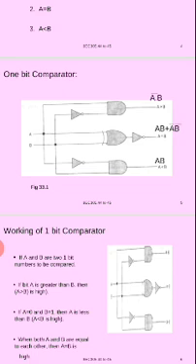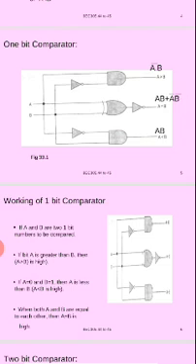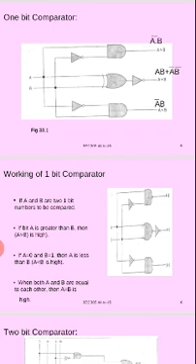Working of one bit comparator. If A and B are two one bit numbers to be compared, if bit A is greater than B, then A greater than B is high.